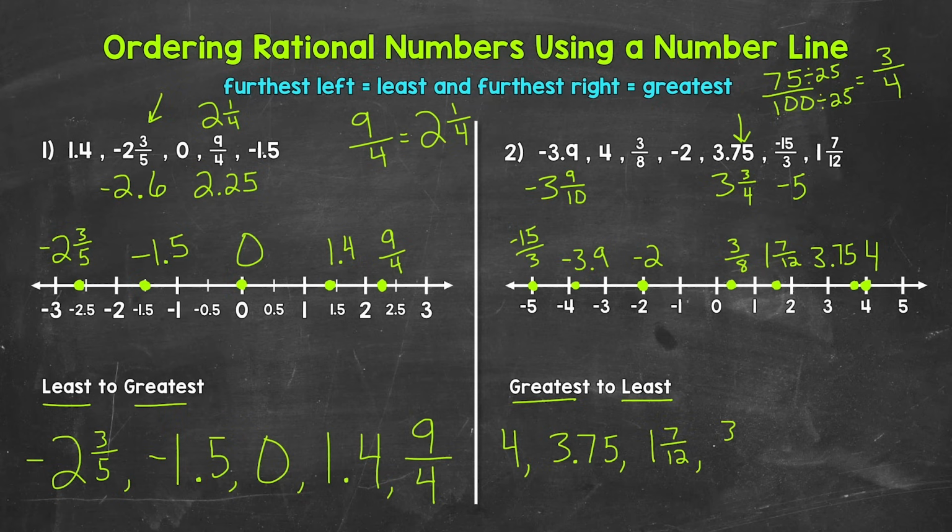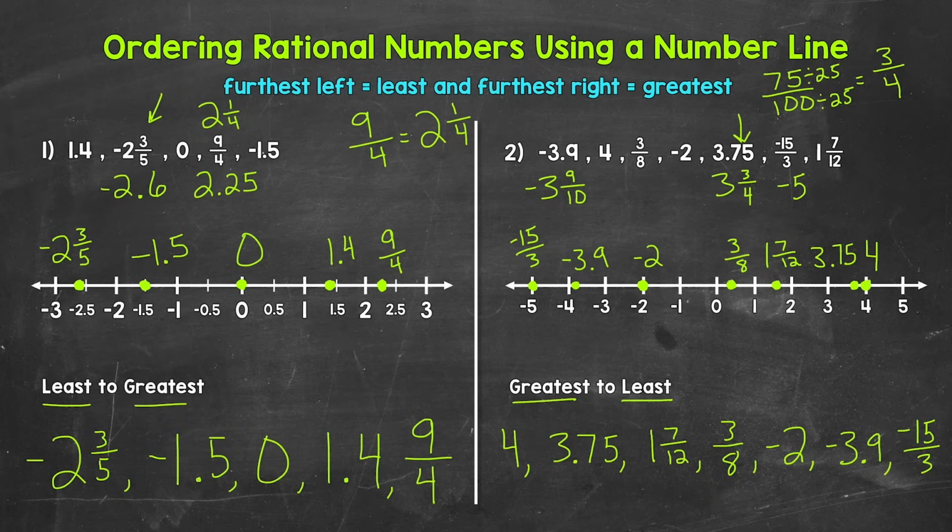Then 3 eighths. Then -2. Then -3 and 9 tenths. And then the least is -15 thirds. And now those rational numbers are in order from greatest to least.